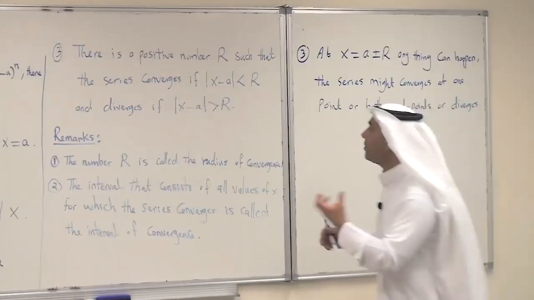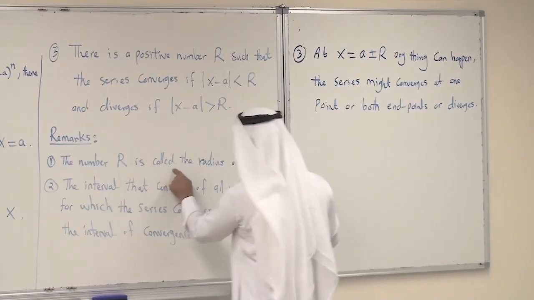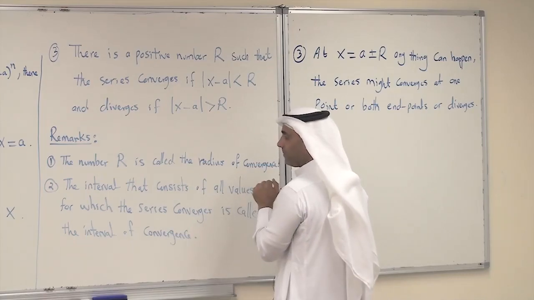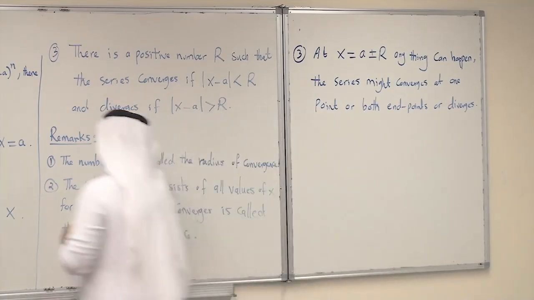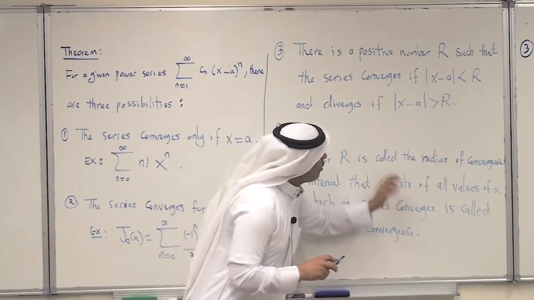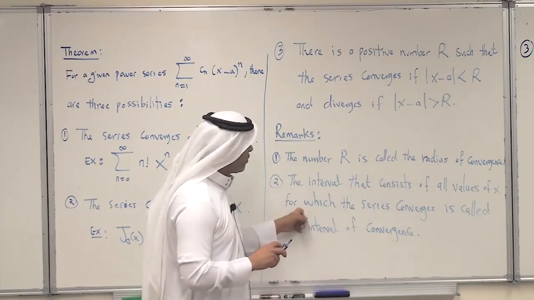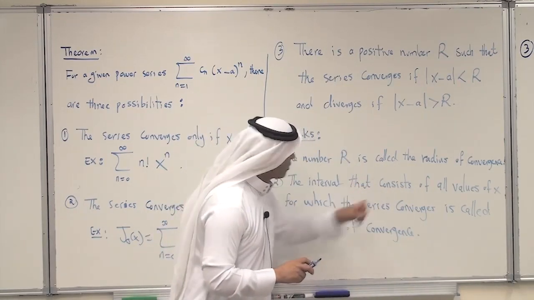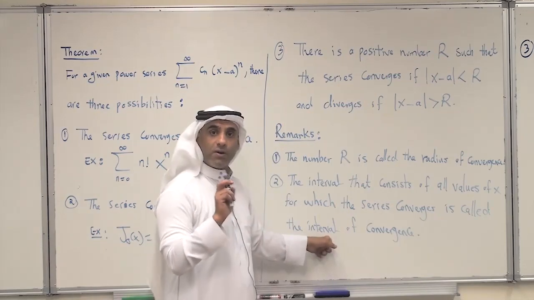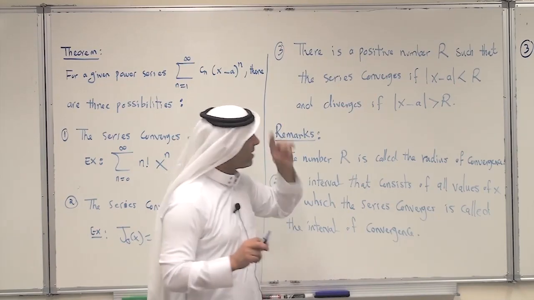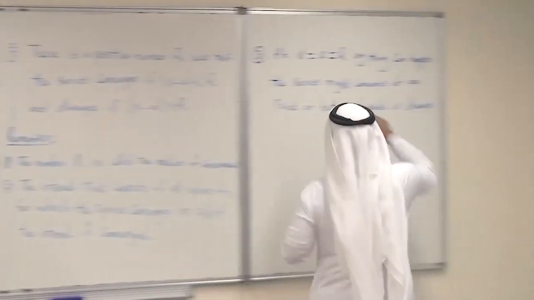Okay, what do you call this r? This r is called the radius of convergence. Now, a second point. The interval that consists of all values of x for which the series converges is called the interval of convergence. That is very interesting. The third one is these two interesting points here.